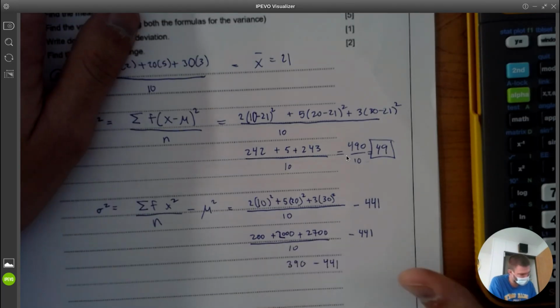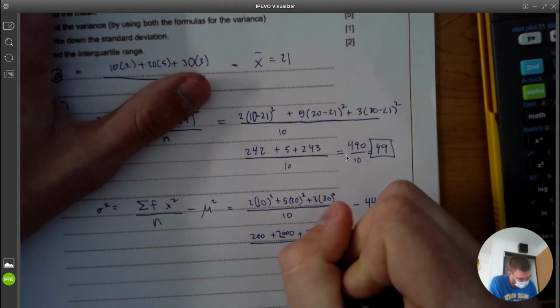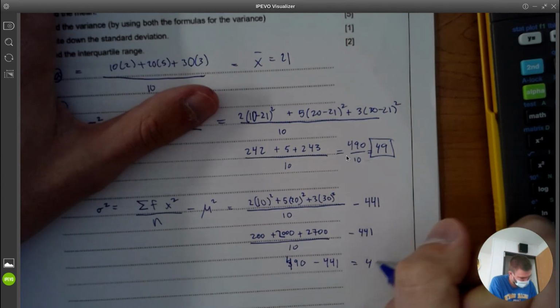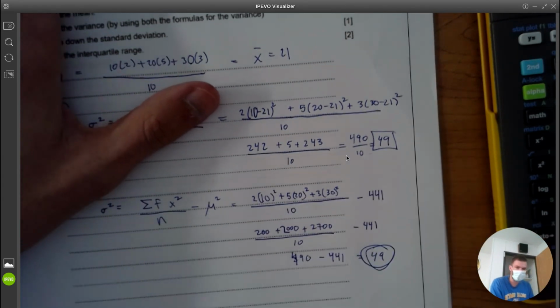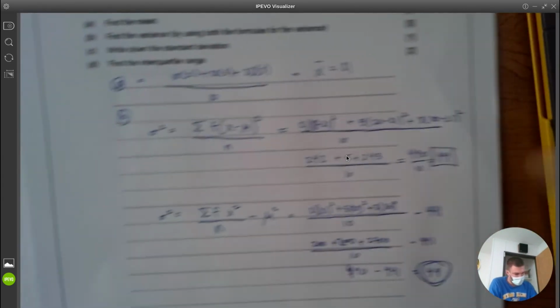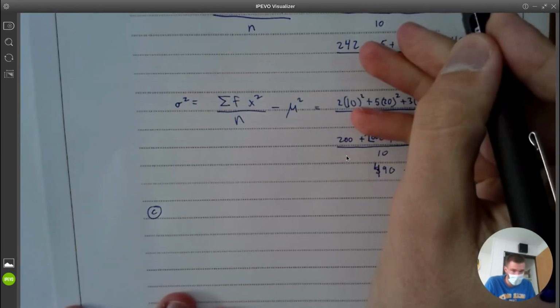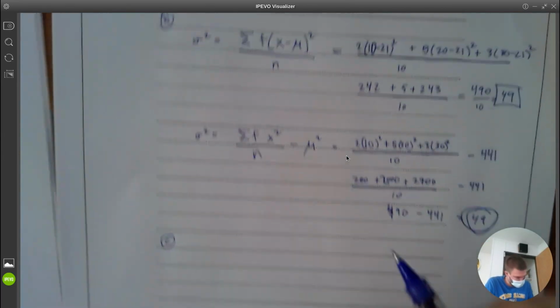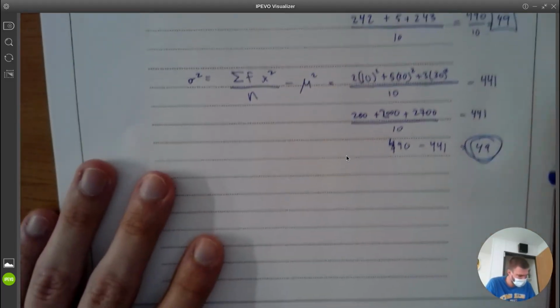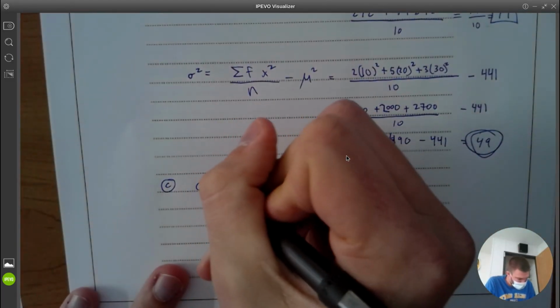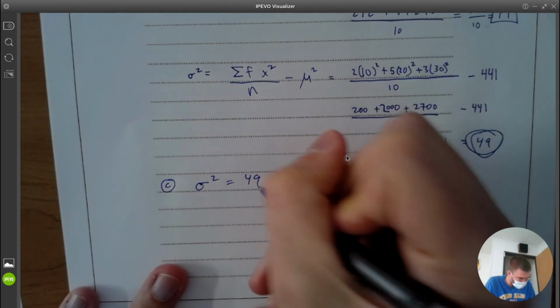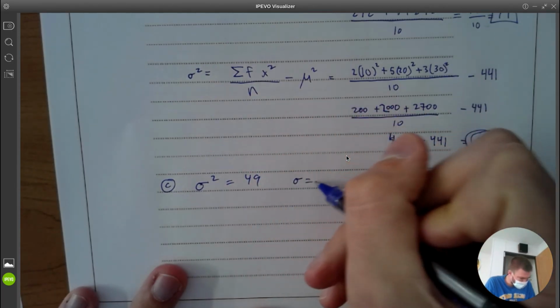That's all right. Sometimes you goof. See, a 1-pointer. Standard deviation: well, sigma squared is equal to 49, and standard deviation is equal to 7.